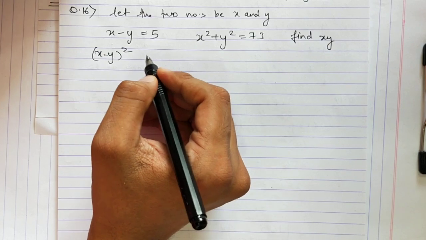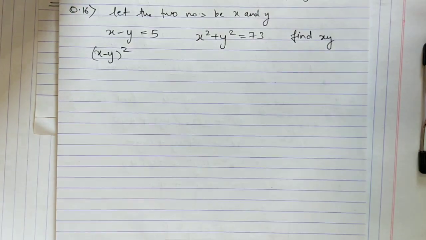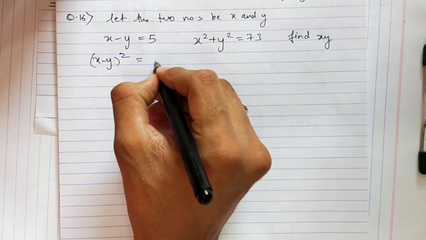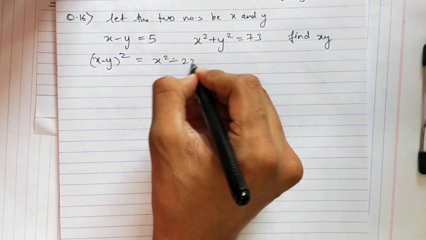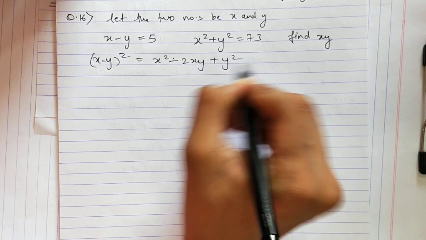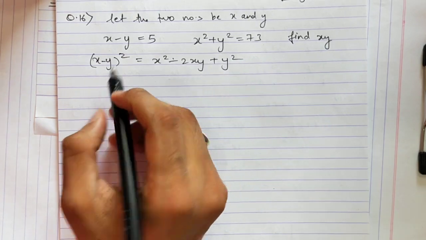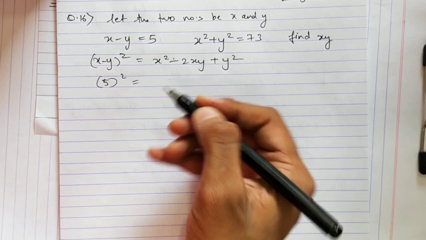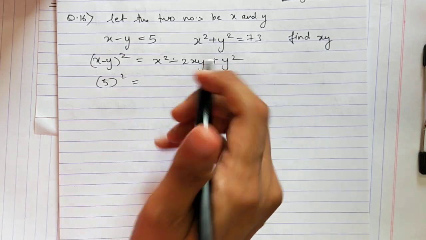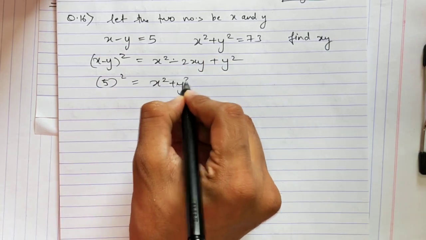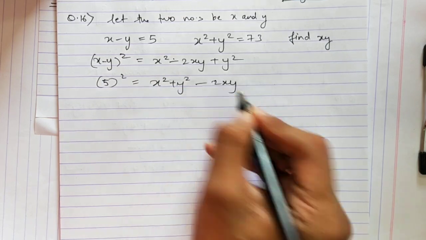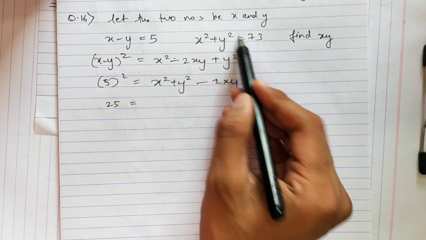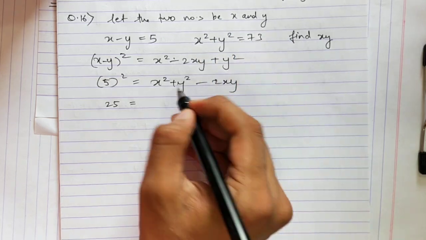X minus y the whole square equals x square minus 2xy plus y square. In the place of x minus y, I can put 5. Here I'll write x square plus y square together. Then this is 25 equals x square plus y square is 73.